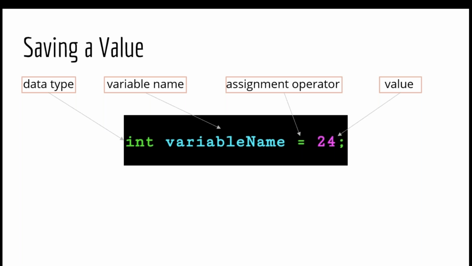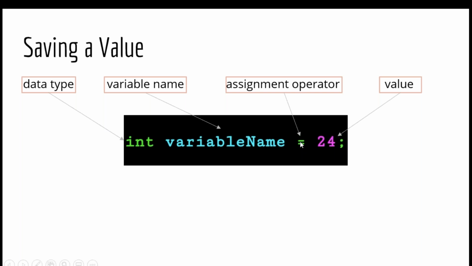If we go back and we actually look at this int variable name equals 24, we might not actually know what we're describing. We might not know what variable name is supposed to represent. So that's why you want to make sure to choose efficient and proper and understandable variable names for your data.